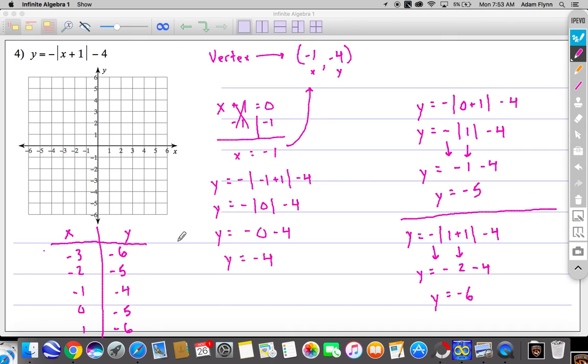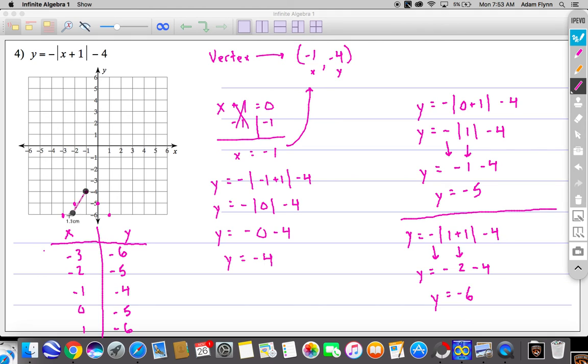So now I'm just plugging in these points. I've got negative 1, negative 4, negative 2, negative 5, negative 3, negative 6. And then I've got 0, negative 5, and 1, negative 6.